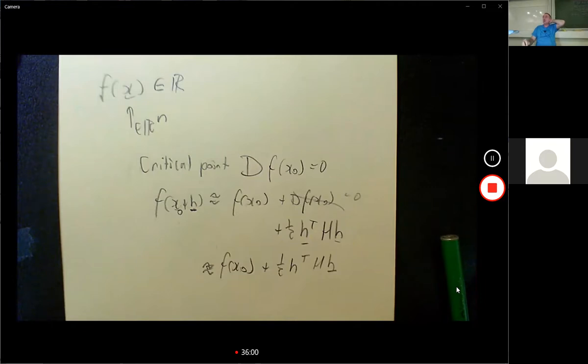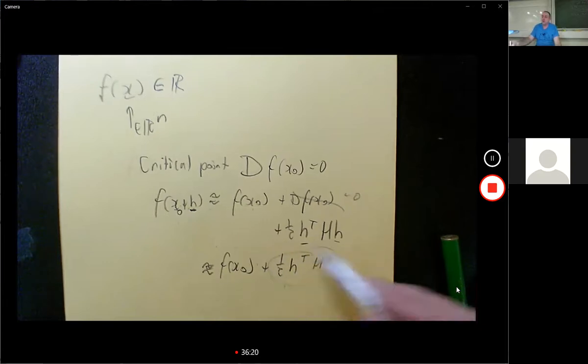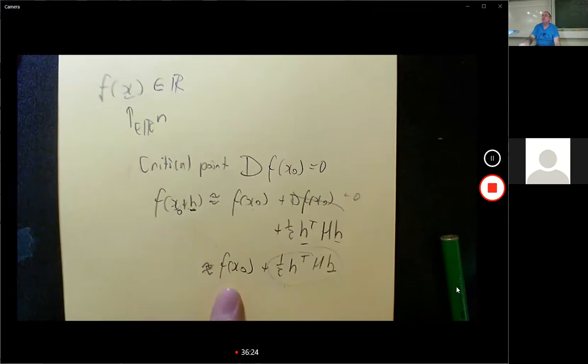That's what this says. So f of x plus h is the function value at x plus this much. And if in every direction that you move, you go up, like if this is always positive no matter what h is, then this must be a minimum.